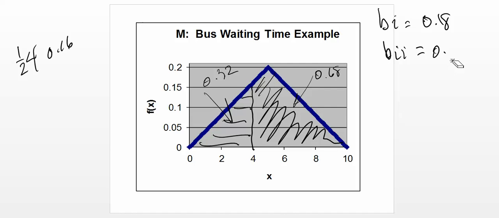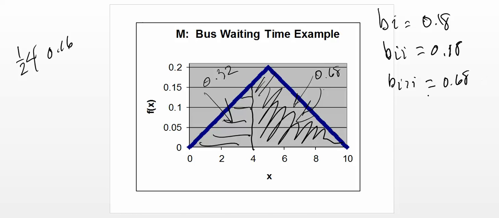So B-III, which is the probability that it's 4 or more, we just found to be equal to 0.68. The area shaded on the right here.